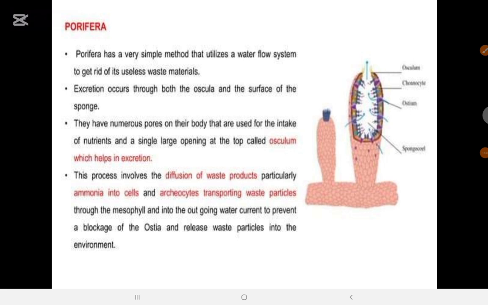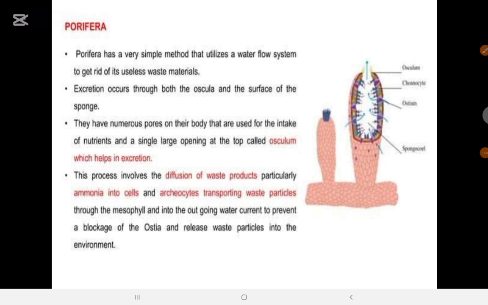But the process is different, because the organism here also has a high surface area to volume ratio. So because of that, it's going to be able to excrete these things by simple diffusion, remove this waste product by simple diffusion.